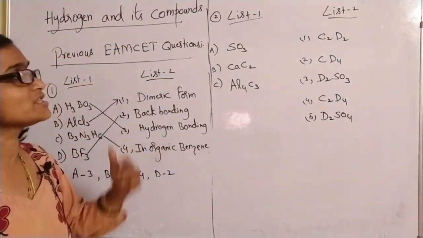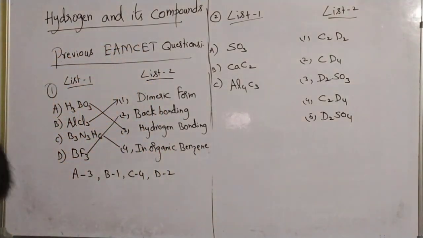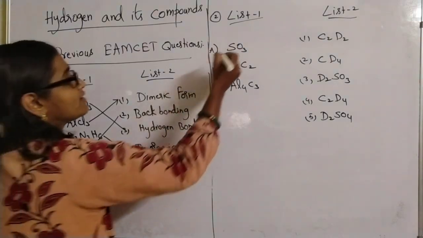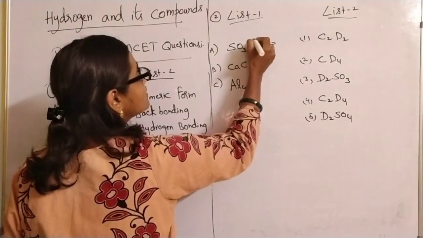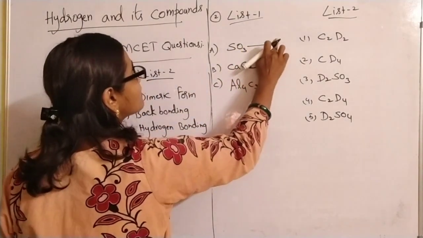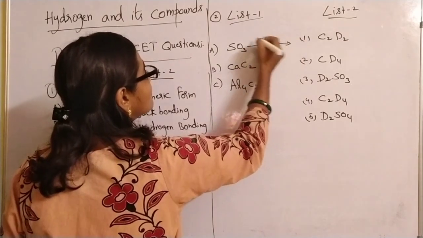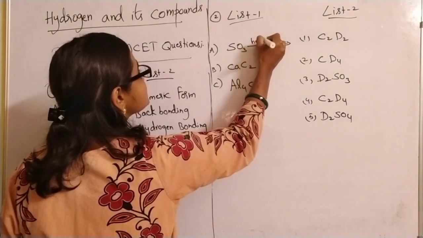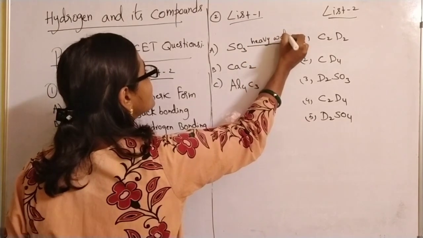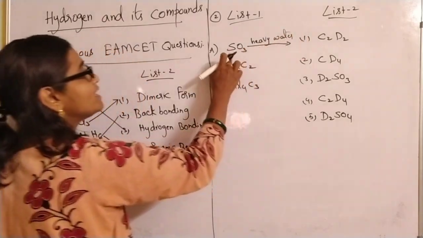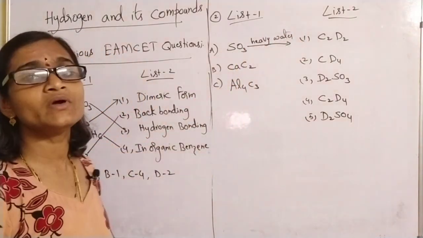Okay, now your question is, you have to match them. SO3 when added with heavy water, it is given like that, with an arrow on top. Heavy water is written here. That means SO3 on treatment with heavy water, what are you going to get?